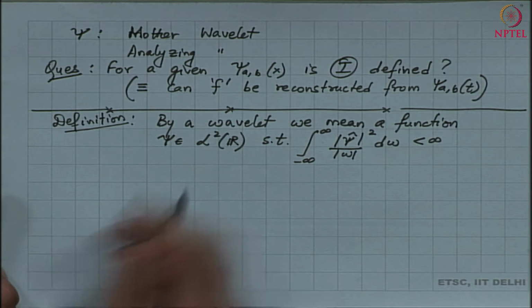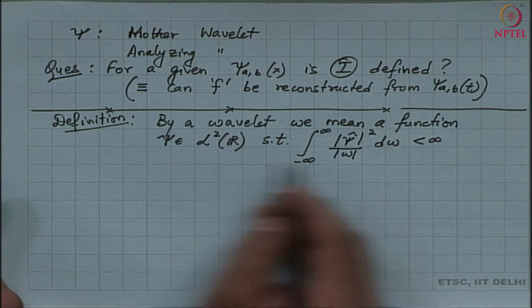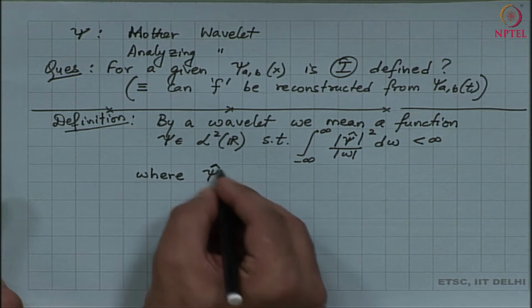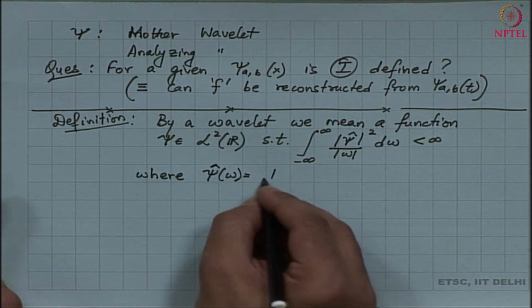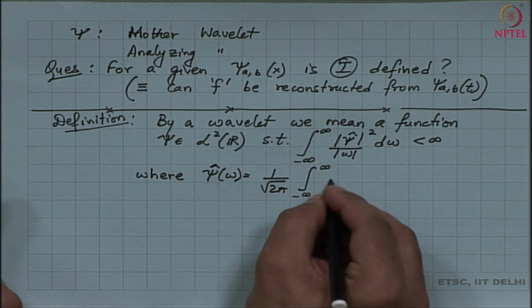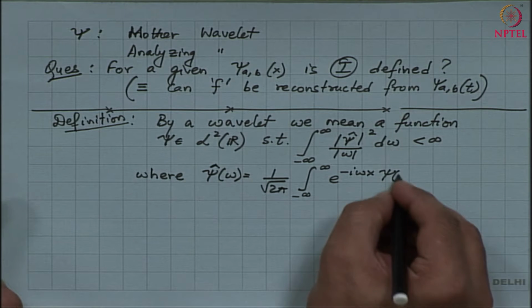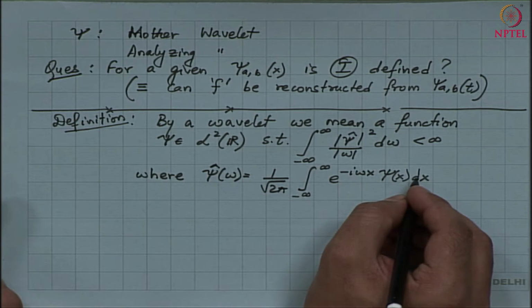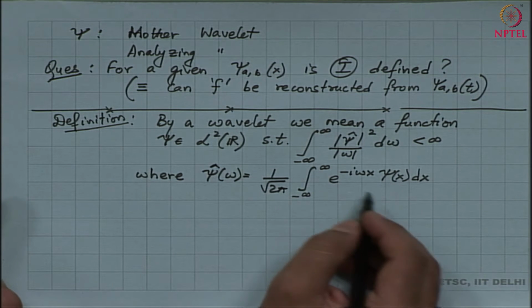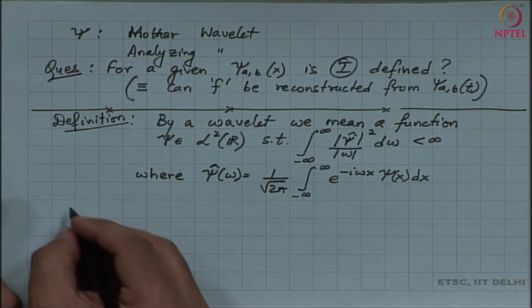So, by wavelet I mean all those square integrable functions such that this particular integration is finite, where, as I said, psi hat of omega is 1 by square root 2 pi integral from minus infinity to infinity of e to the power negative i omega x psi of x dx. Okay. So, that is my Fourier transform of the wavelet function.